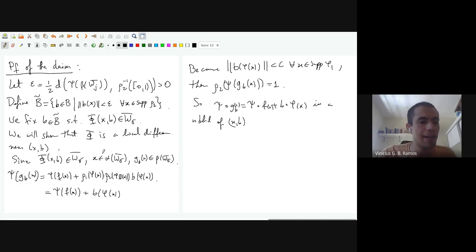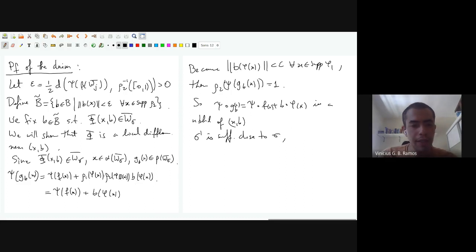So now if sigma tilde is sufficiently close to sigma, then I still have that alpha of sigma tilde, so I still have that rho 1 and rho 2 are equal to 1.